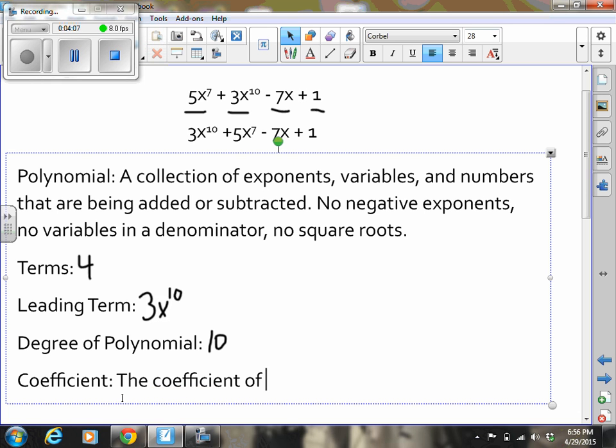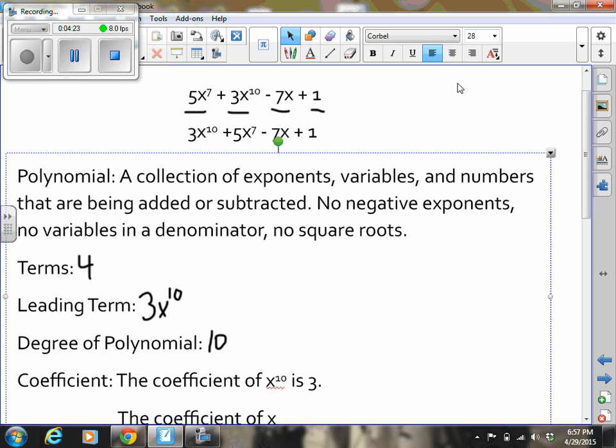The coefficient of x to the 10th power is 3. The coefficient of x to the 7th power is 5.